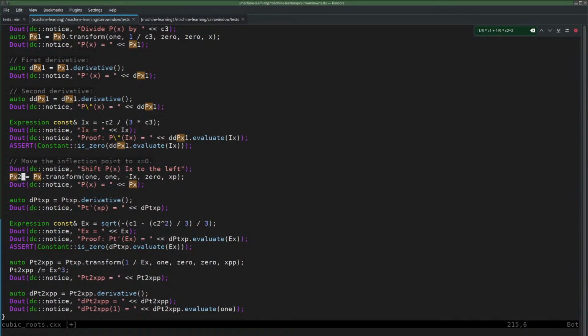So another transform, which we then print. And then I can do the derivative of px again, but now with the 2. And then to drop the prime, just the derivative of px.